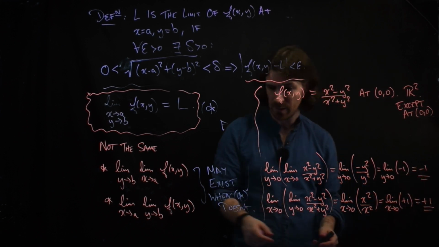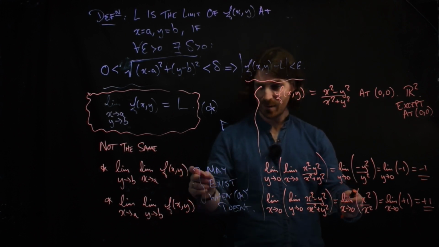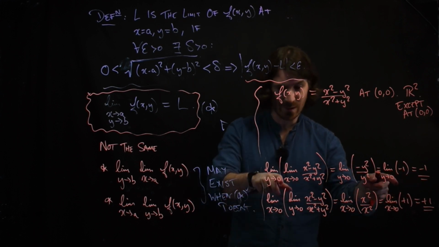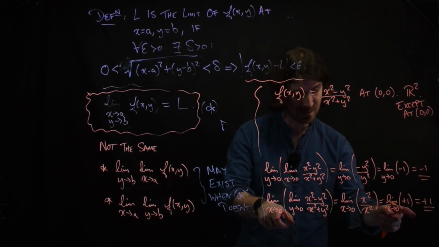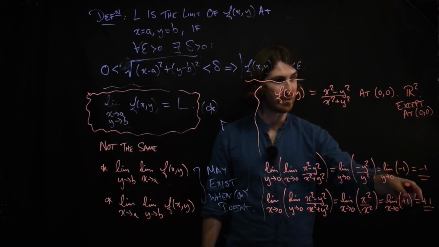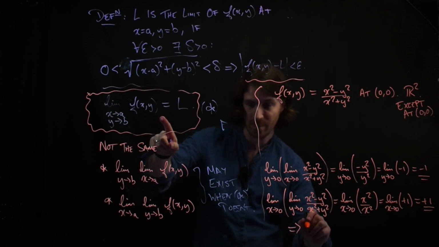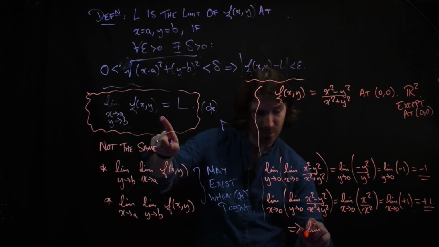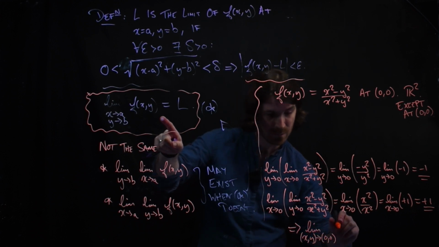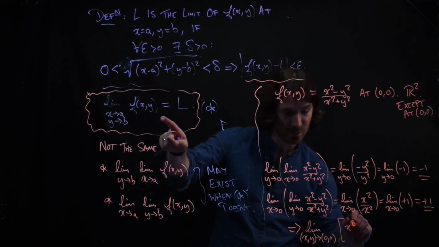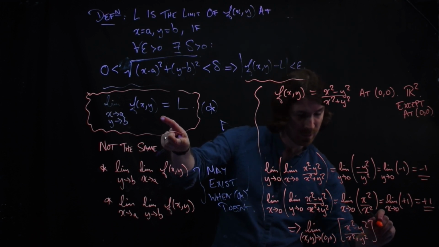So these two things give different results, but they give a result. This thing exists, this thing exists. But because they give different results, it means this implies that the limit of x, y to 0, 0 of this function, x squared minus y squared over x squared plus y squared, doesn't exist.